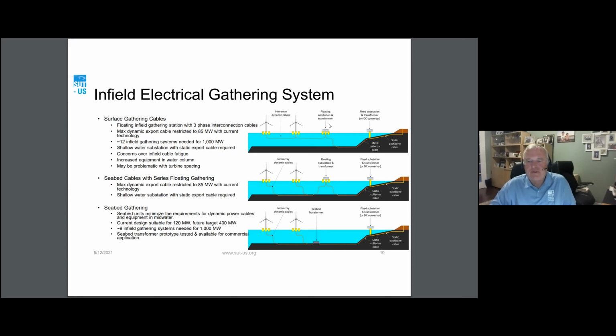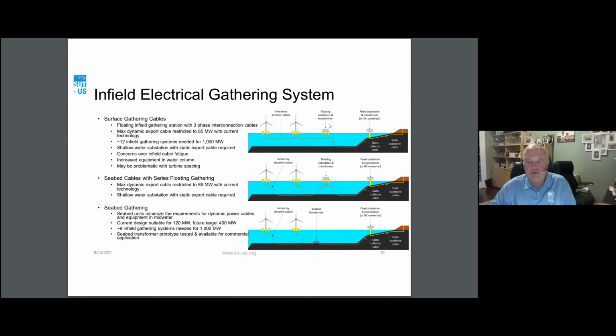And the reason for that is that I know the technology is currently commercially available for the power cables going into a fixed substation. You put them up pipes called J-tubes, and you pull them in onto the platform and do your terminations there. And this is what's being done in Europe, which I'll show you in a moment.